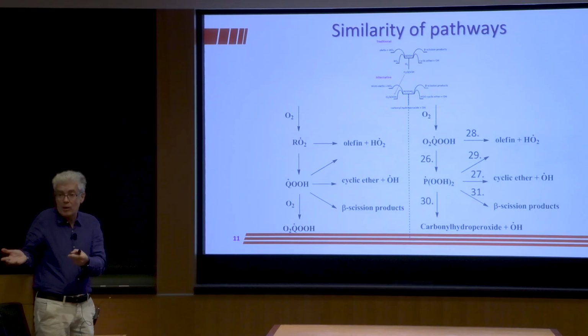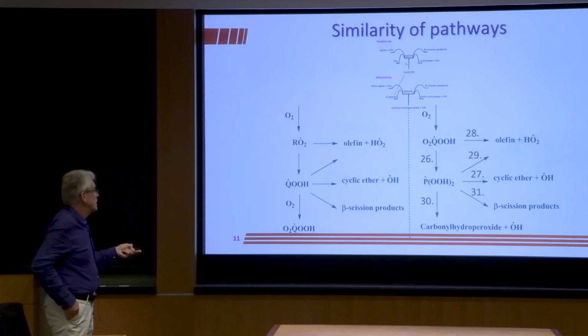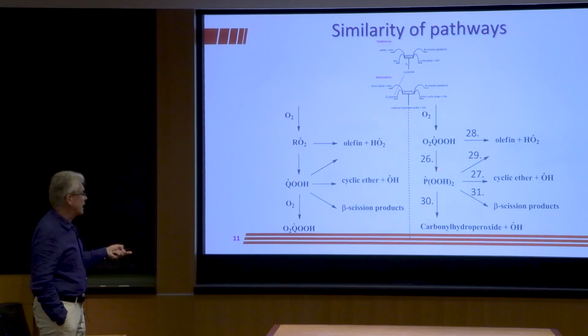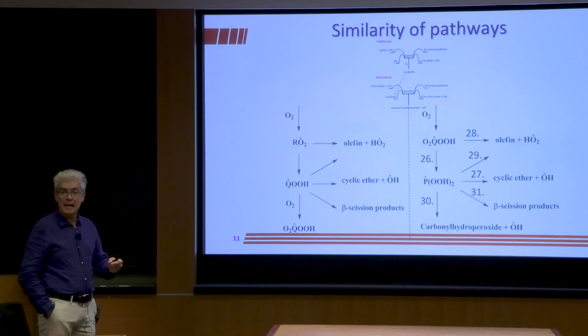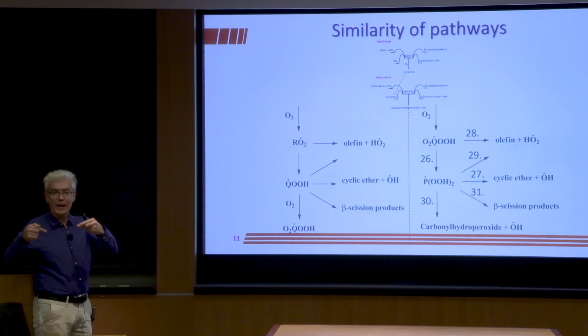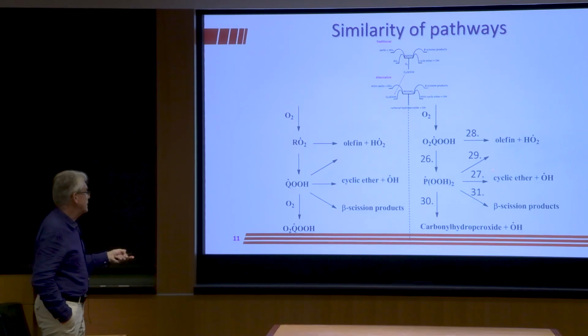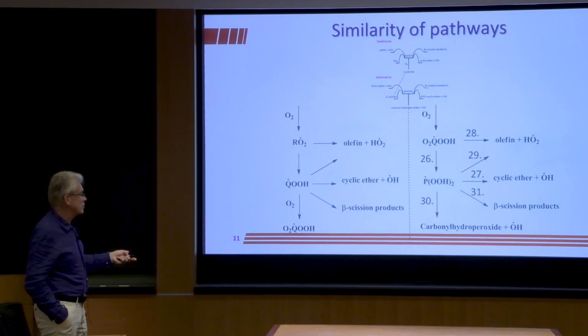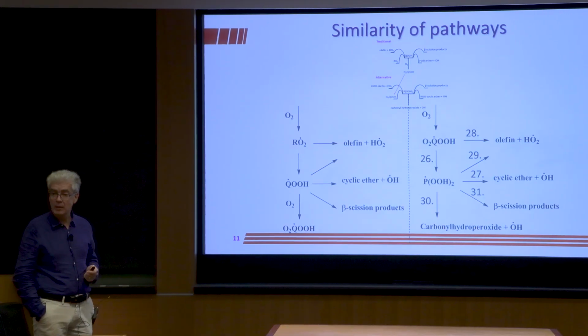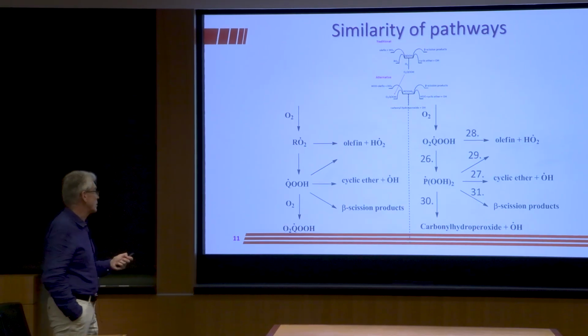But otherwise, it's an RO2. Okay? This then can produce an equivalent QOH, but it's actually a double OOH. There's 2 OOHs on it, but it has the radical site on the carbon, which is bonded to the OOH. And then that can produce a cyclic ether plus OH and beta scission products, in addition to producing carbonyl hydroperoxide. So I'll show you an example of what I'm talking about.